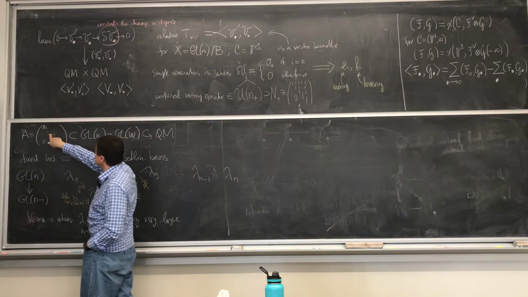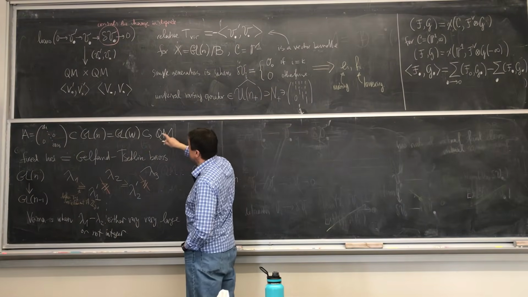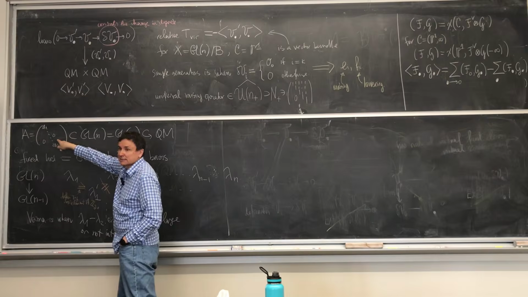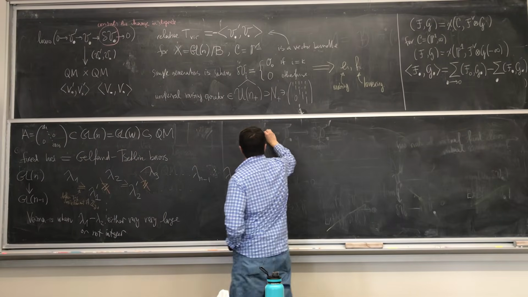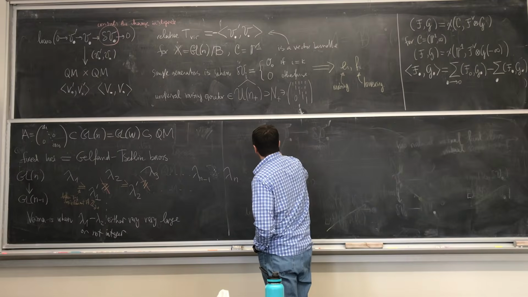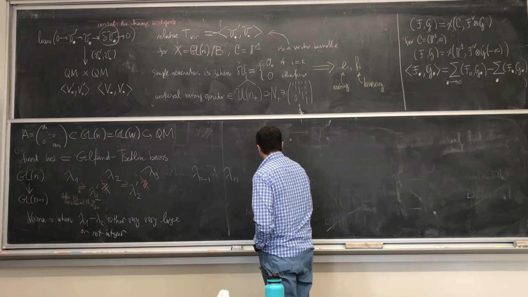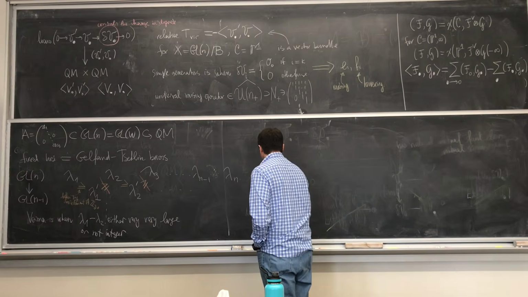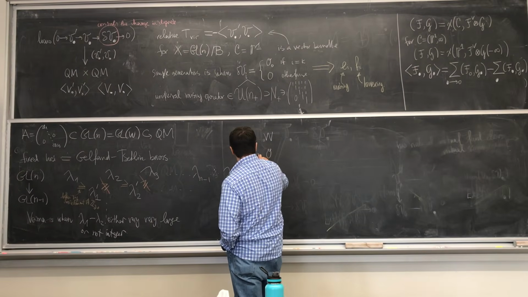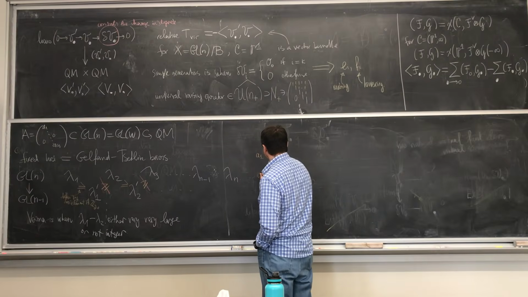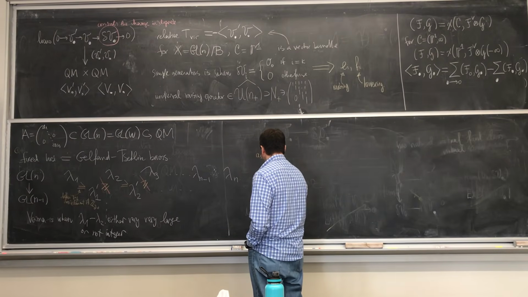So this says that my framing sheaf W is really a direct sum of O's, on each of which my torus acts with weights A1, A2, A3, A4, and so on.